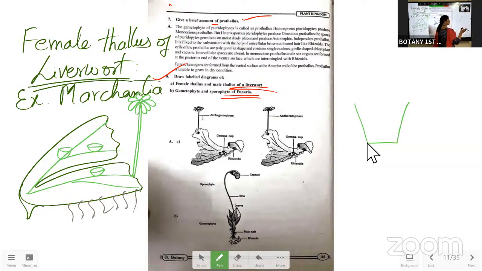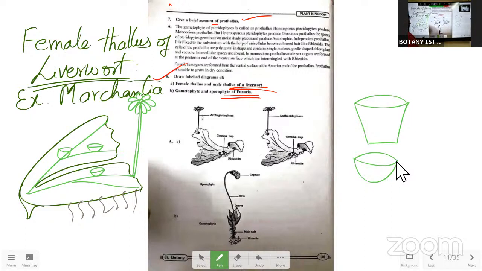I'm not saying everyone can draw the diagram as in the reader or the material, I don't want that much. But we can draw a flower pot like this. So instead, draw an oval and draw a cup. This much is enough. That is the gemma cups, what we are saying.